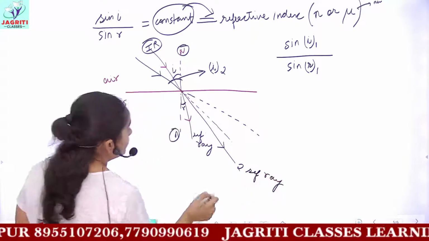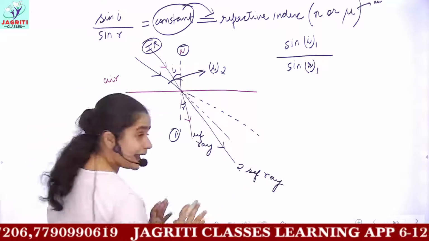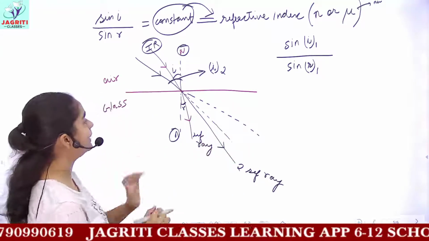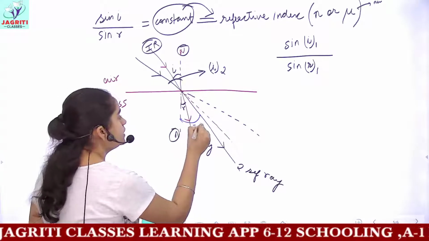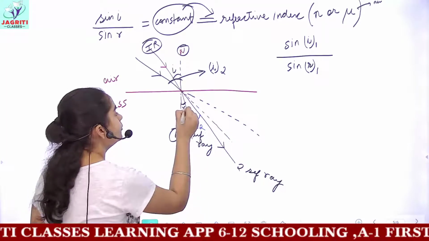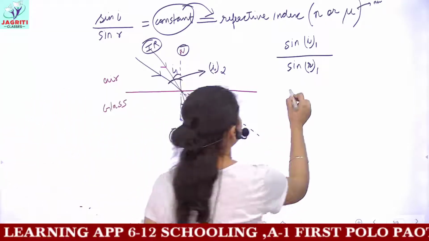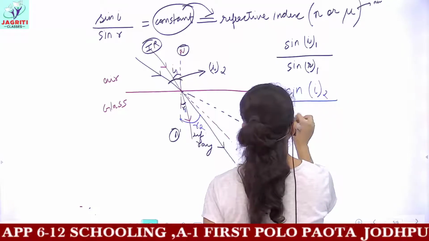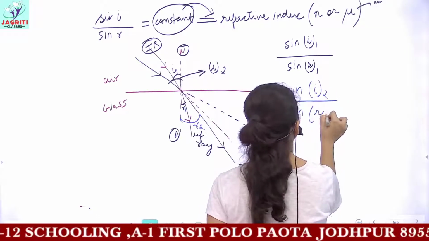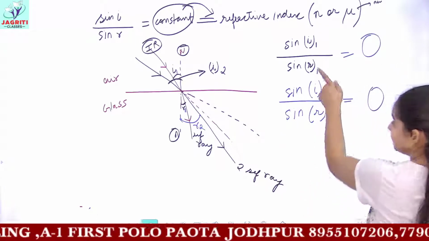The angle between the refracted ray and the normal would be the second angle of refraction. If I find the sine of the second angle of incidence and the sine of the second angle of refraction, then I would get the same value which I got in the first case.